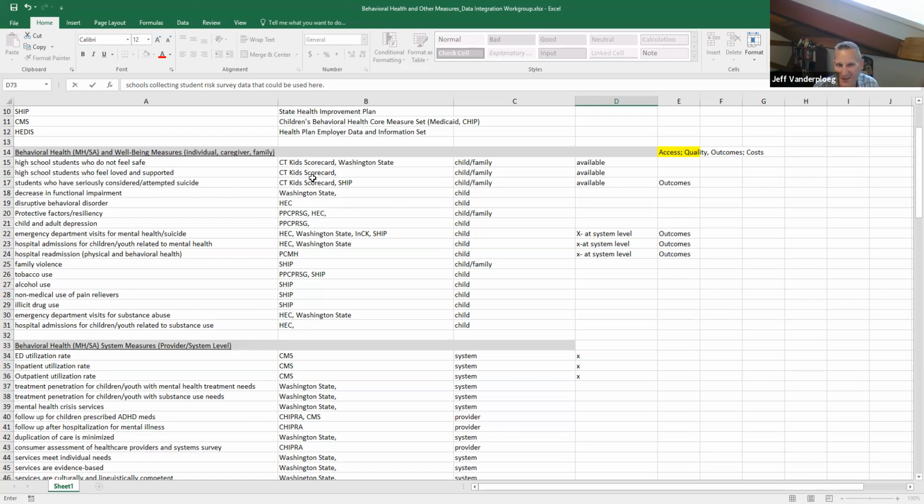But I believe that may be something that's administered at the school level, at least sampled at the school level, and then reported out on a population level. So I don't know if there are additional questions on that measure that get to whether those same individuals feel like they have access to the behavioral health system. In fact, I would say that this measure set we have on this Excel spreadsheet is a little weak or limited on access measures.